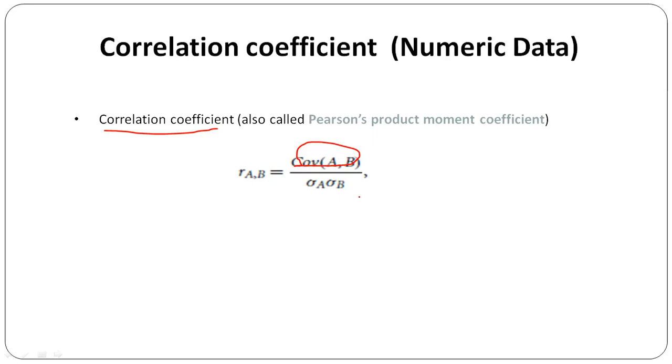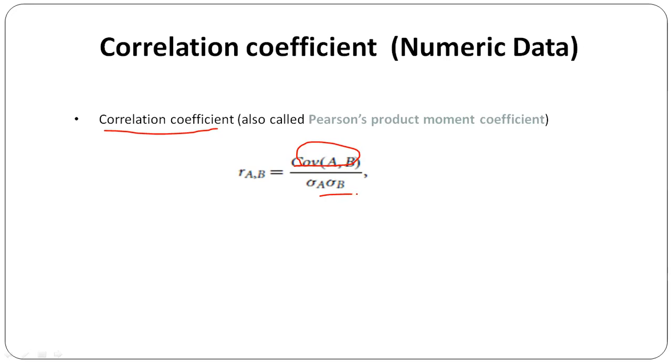Now, as the covariance is giving only the direction of the relationship, what if our problem needs to know how much both the attributes are correlated? For that, we need to divide the covariance by the standard deviation of the features.